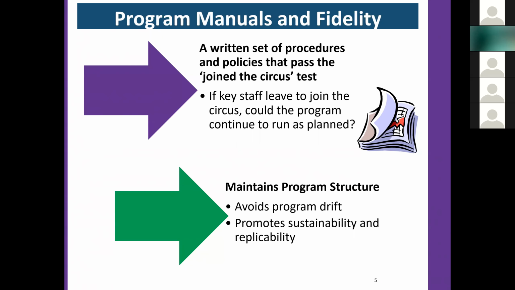So I am going to spend a little bit of time talking about implementation because you really can't talk about fidelity or program adherence without it. And I just feel like it's a really crucial step. Now, many of you may be thinking, I'm already implementing. How is this relevant? And it is relevant in that just because you're already doing something, maybe you're not practicing in the best way you could, maybe you are.